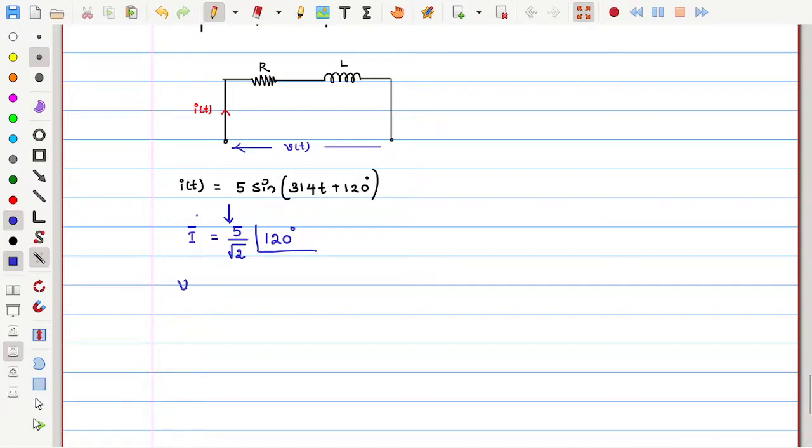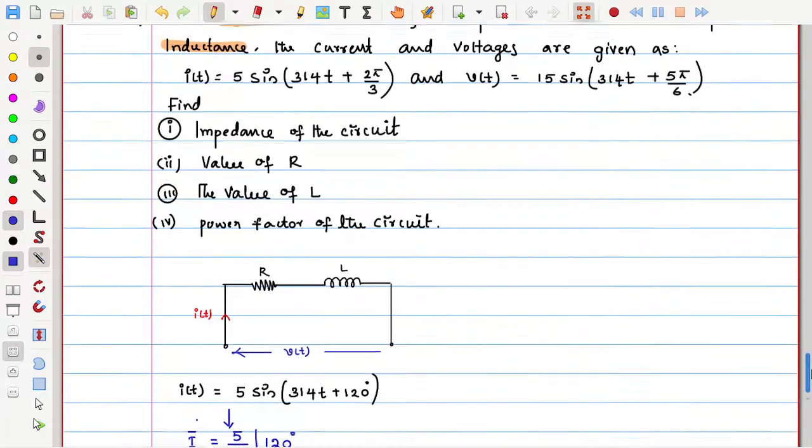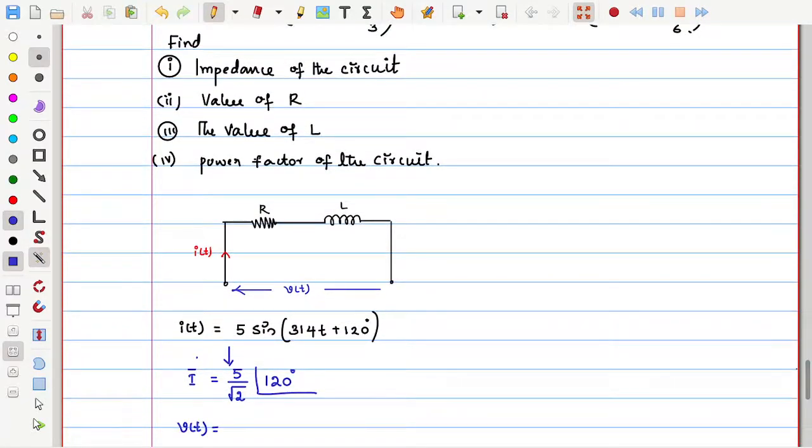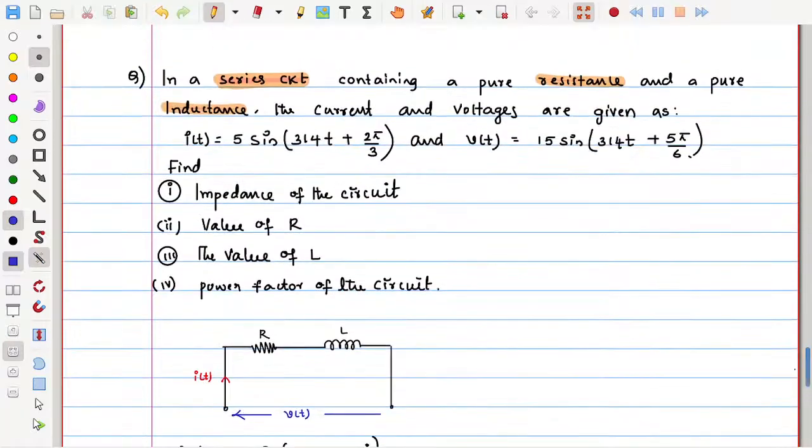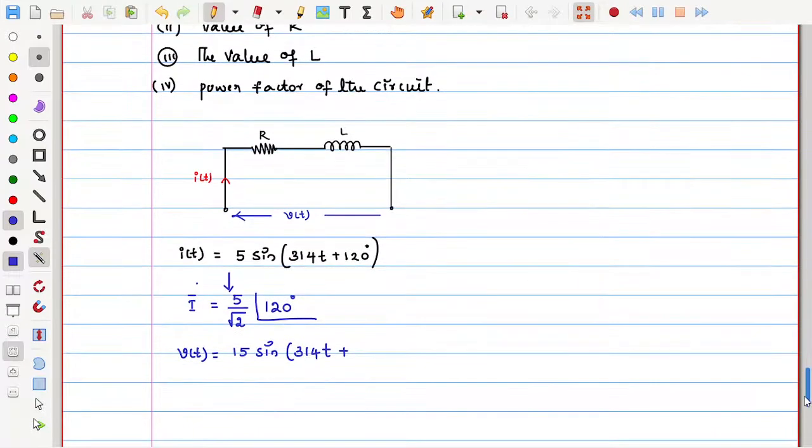So next is voltage. V of t is given. How much is V of t? 15 sine 314 t plus 5 pi by 6. 5 pi by 6 is 150 degrees.